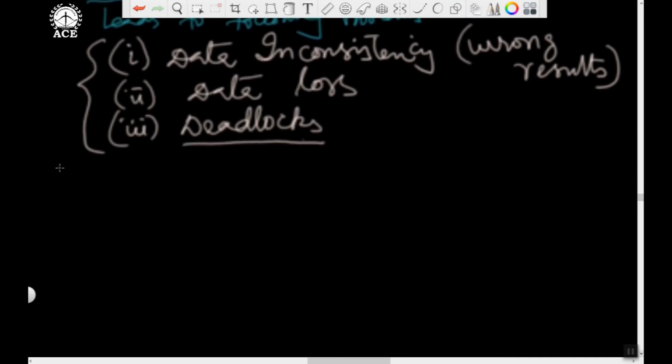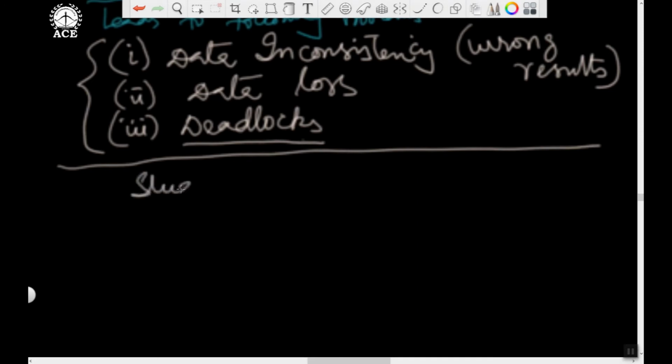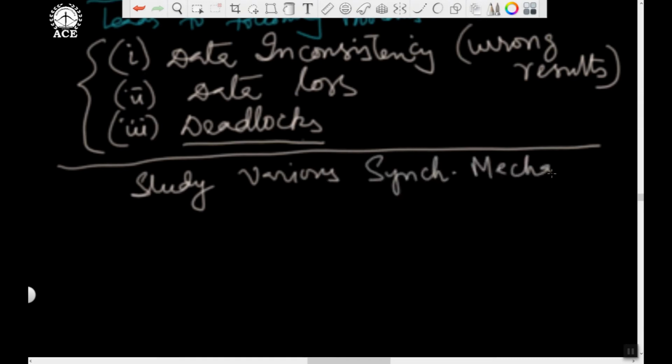So the core objective of this chapter is to study various synchronization mechanisms. But before that, we need to introduce some basic terminology which will help you understand the various synchronization mechanisms.